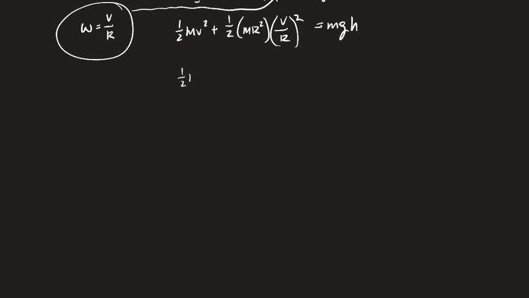I have 1/2 mv squared here. I have 1/2 mr squared times v squared over r squared. In rolling problems, this is really common, especially for an object that rolls like this, about its edge. These two r's disappear, and I'm left with 1/2 mv squared plus 1/2 mv squared equals mgh.